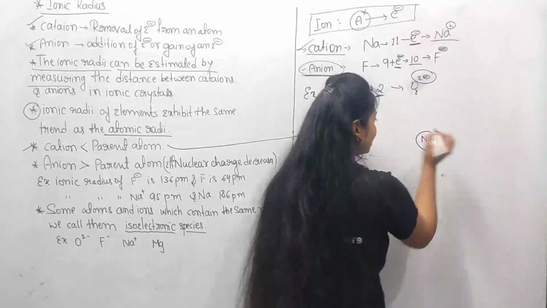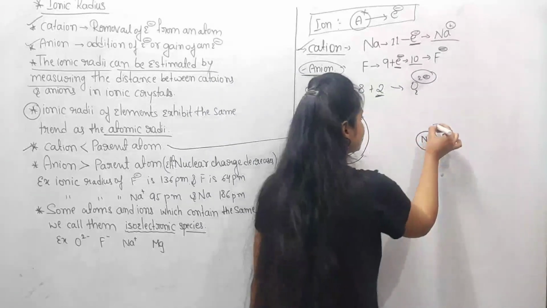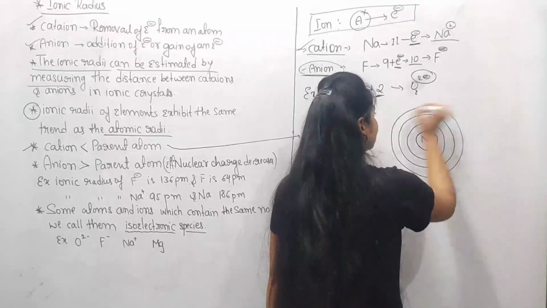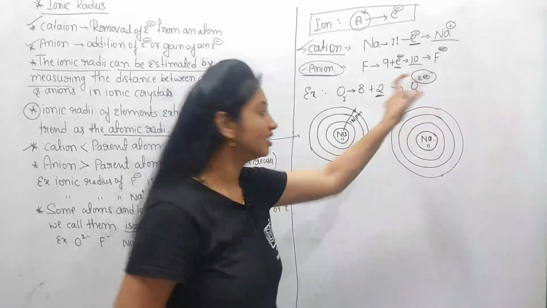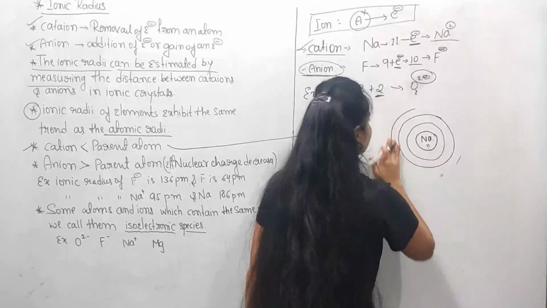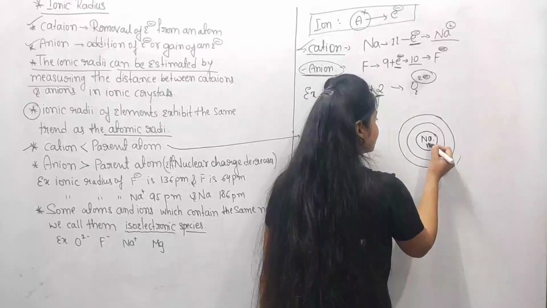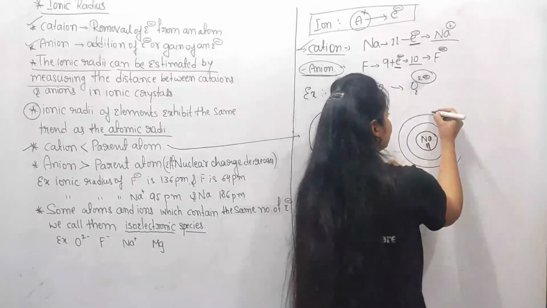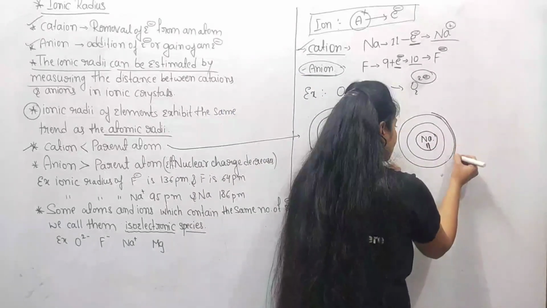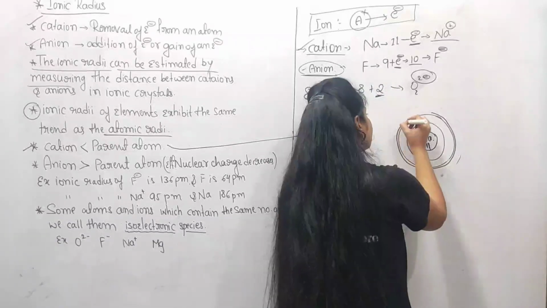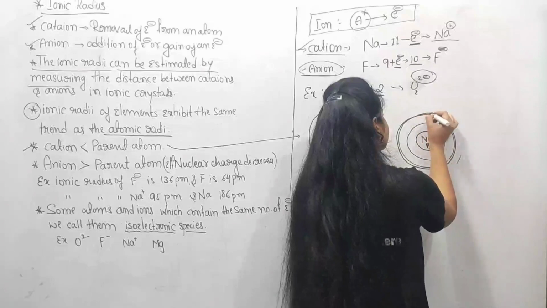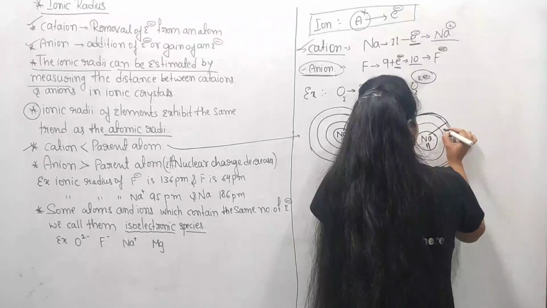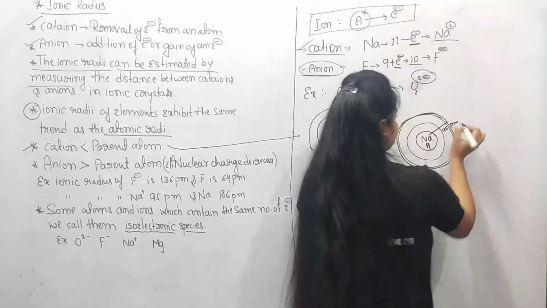Here we have 11 protons only, but we have 10 electrons in the various shells. Then the 11 protons attract these 10 electrons towards themselves. Automatically, the distance between the nucleus and the outermost shell becomes less. So it becomes 95 picometer.